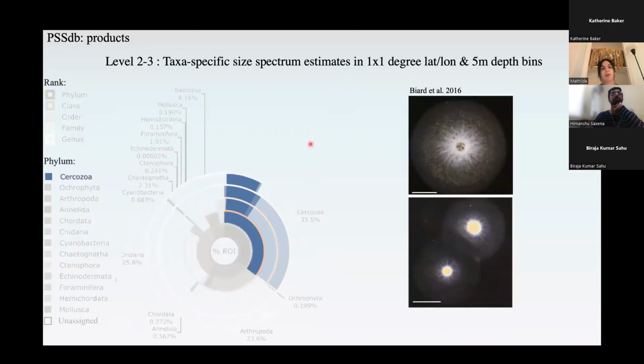And like I've mentioned, the Rhizaria is something that was published by Tristan Biard and colleagues in 2016. They looked at the UVP profiles during the Tara expedition, and really noticed the dominance of that group, which was previously unknown because they're very fragile, and they used to be disrupted by the method that we were using, nets.